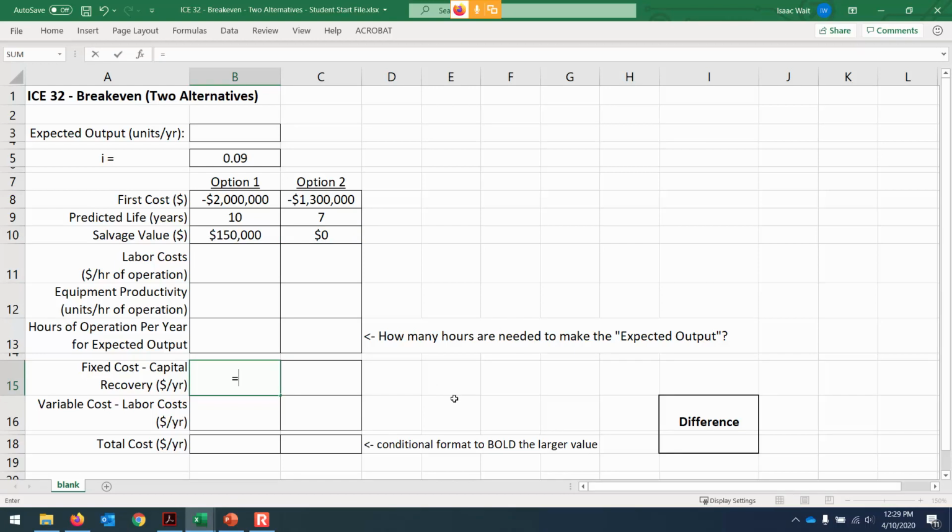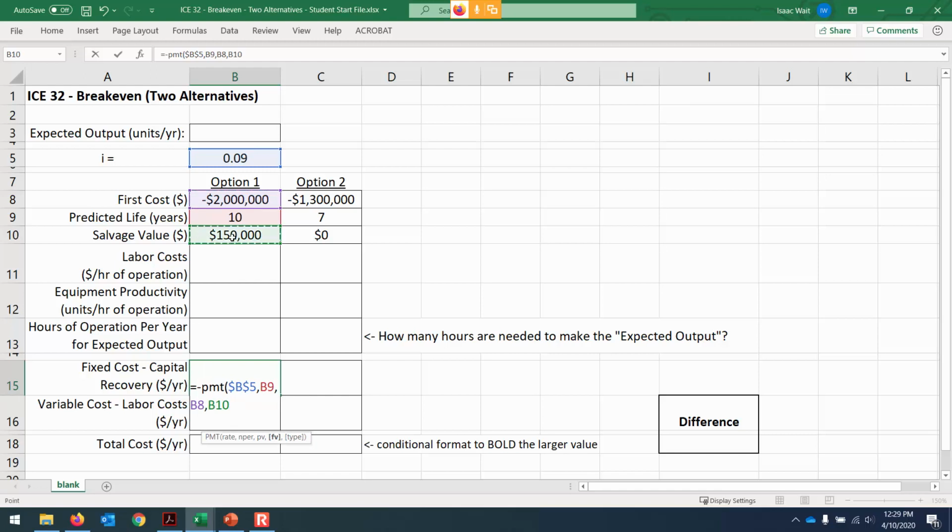So equals minus PMT. The rate that goes in is the 9%. I'm going to anchor that reference so I can just drag sideways when I'm doing option 2. The number of years is 10 in the case of option 1. The present value is the first cost. And then the future value is the salvage.